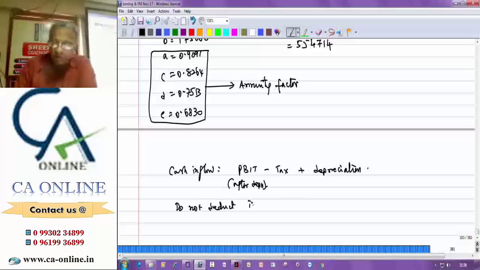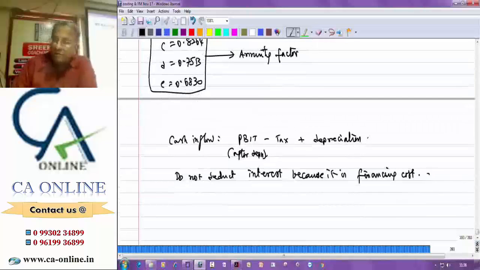Interest, because it is a financing cost. Do not deduct interest because it is a financing cost.